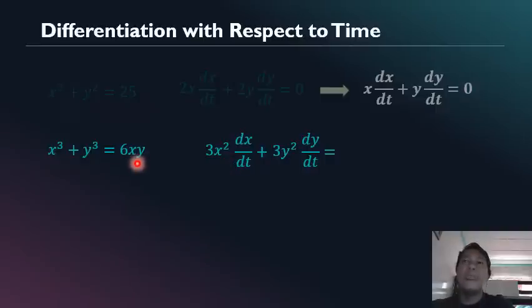For this term, product rule uli ang gagamitin natin. Ilalabas muna natin yung 6, no? After natin ilabas yung 6, we will treat this as a product kasi pareha silang variables, x and y. Para bagang yan ay u at saka v. Kung saan ina-applyan natin ang product rule, u dv plus v du. Okay? So, get the derivative.